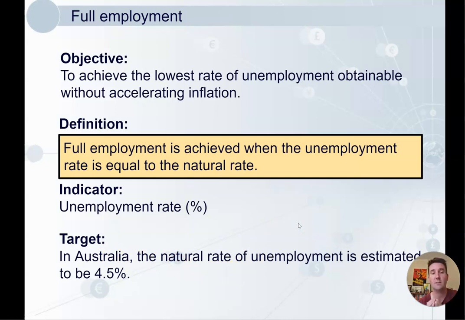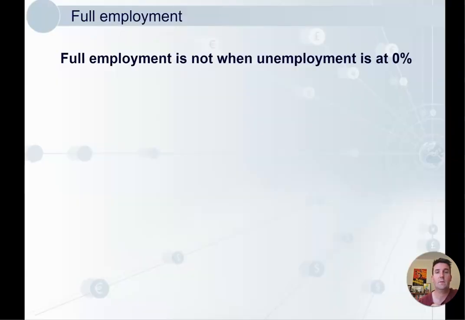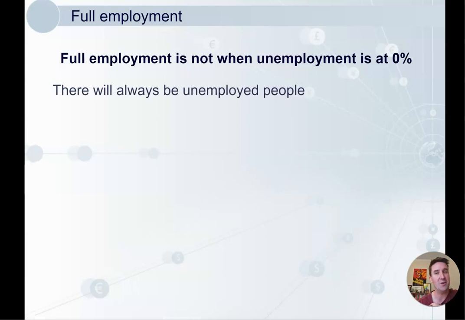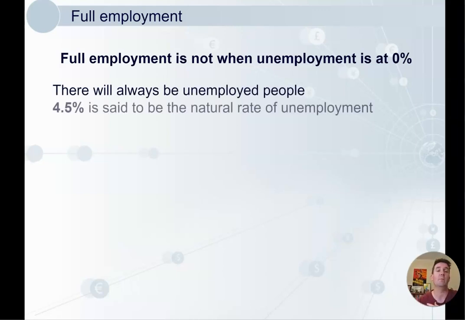So it comes as a surprise to people that we do not aim for 0% unemployment. That is not what we look for. It's 4.5%. There we go. Full employment is not when unemployment is at 0%. So there will always be unemployed people. We get into the reasons behind that more in year 12, but I'll talk you through that in class.